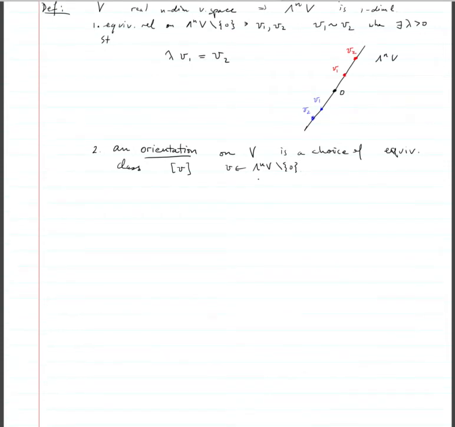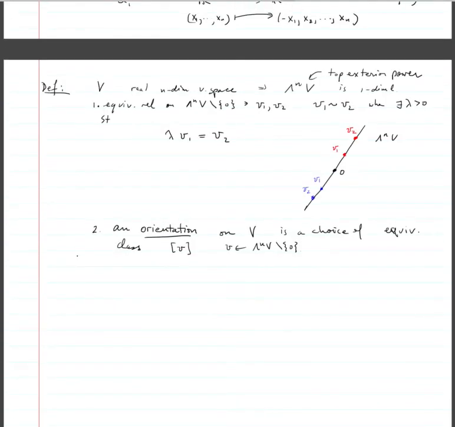So sometimes what people will say is, okay, here's a bunch of remarks. So first of all, if we have an ordered basis, usually when I define a basis for a vector space, I always let it be ordered. But some people define a basis to be not necessarily ordered.